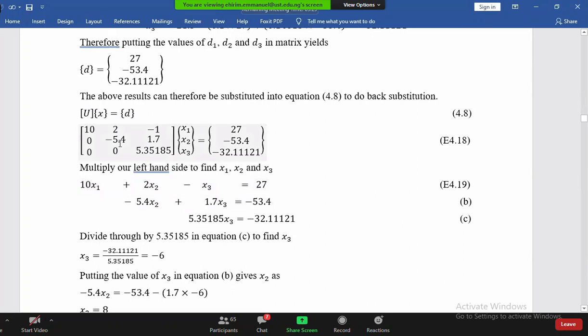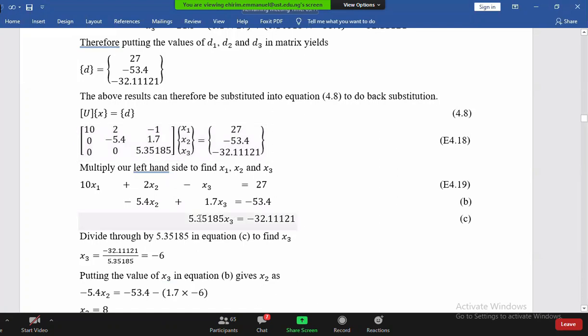And you do this one for here, this x1 is 0, x2 minus that, x3 1.7 equals that, and x3 is this, but all these are 0, so you have 5.35185 times x3 equals this.